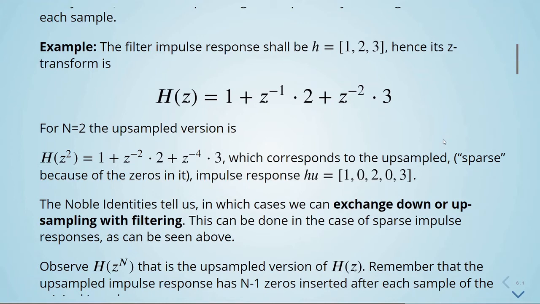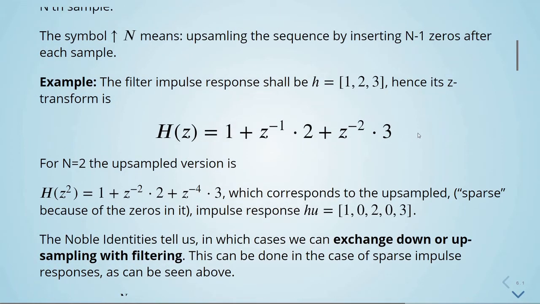So it is sparse because of the zeros in it, and the impulse response then will be 1, 0, 2, 0, and 3. So we're inserting zeros, n minus 1 zeros after each sample.